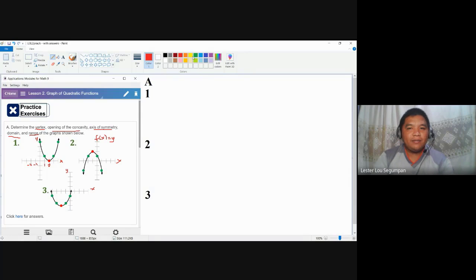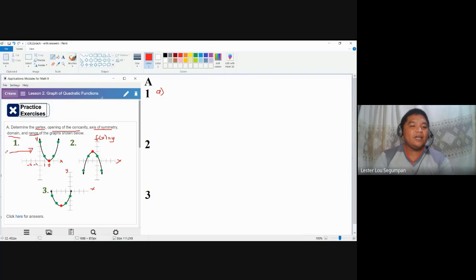So let's determine for number one the vertex, letter A. The vertex is called the turning point. It is where the graph seems to change direction. From left to right, the value for the graph here is decreasing. Do not worry about the arrowhead here, it just means that it extends towards infinity.